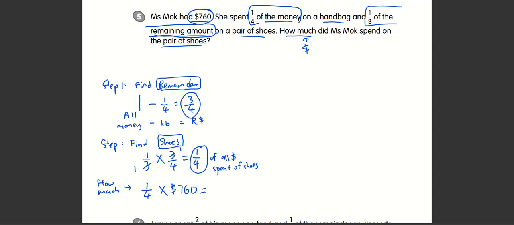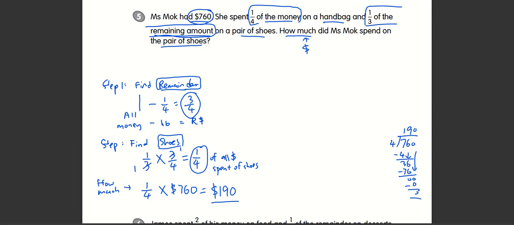That's in other words, 760 divided by 4. I get $190. So $190 is the amount you spend on shoes.